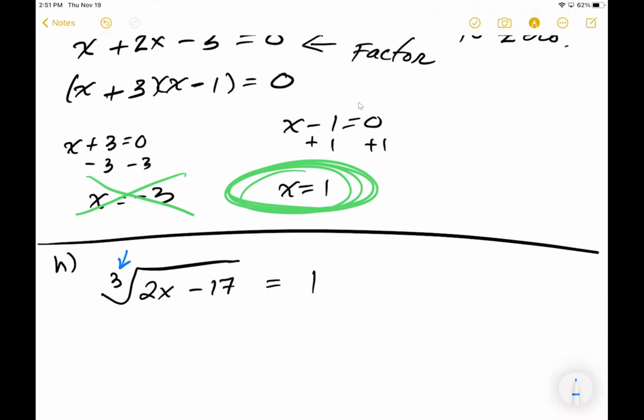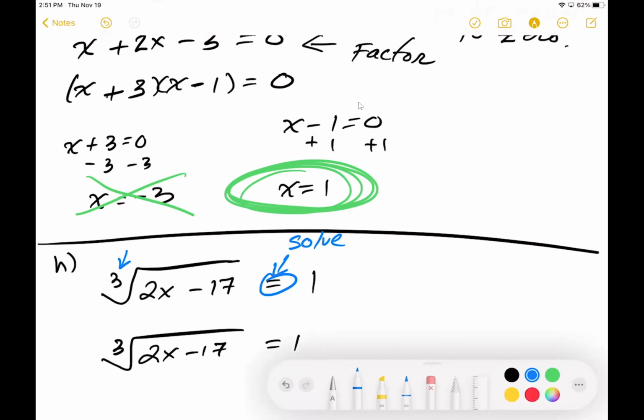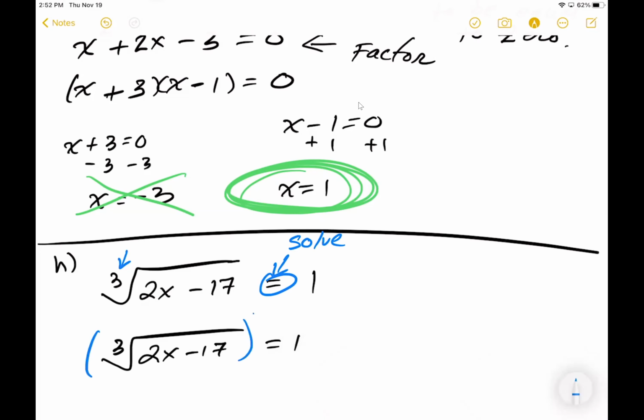Well, reminder, how do we solve? This is why we ask you to solve as there's equal. In your problem, the cube root is by itself. It doesn't matter what is on the inside, my cube root is by itself. And if my cube root is by itself, life is good, because to get rid of the cube root, all we need to do is raise to the third power.